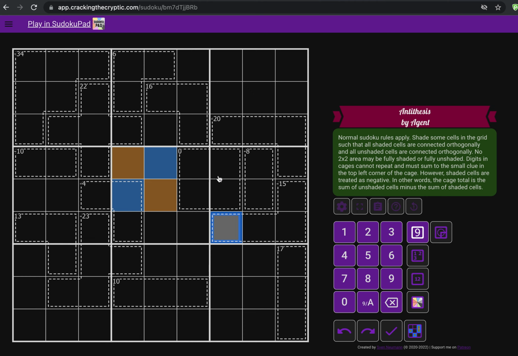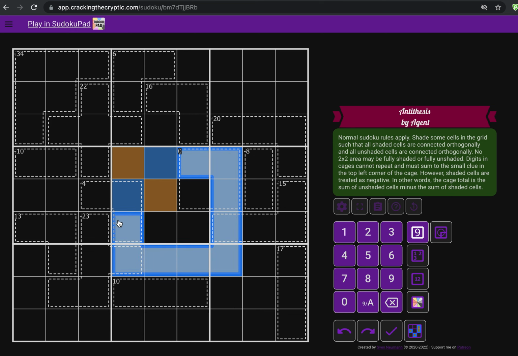This means the rest of the grid is unfillable within the yin-yang constraint. The proof is that the blues must be orthogonally connected, so however we do that, in so doing, we cannot now connect the orange to the other orange orthogonally.